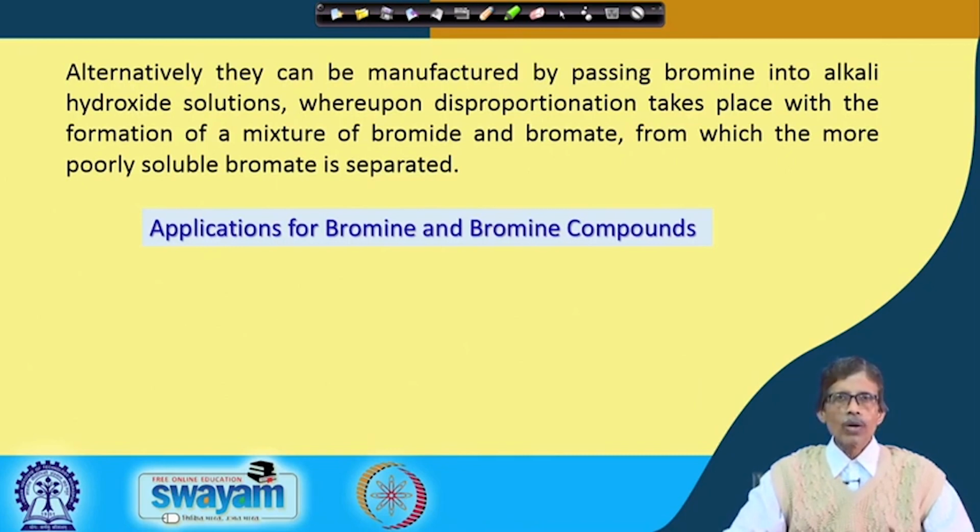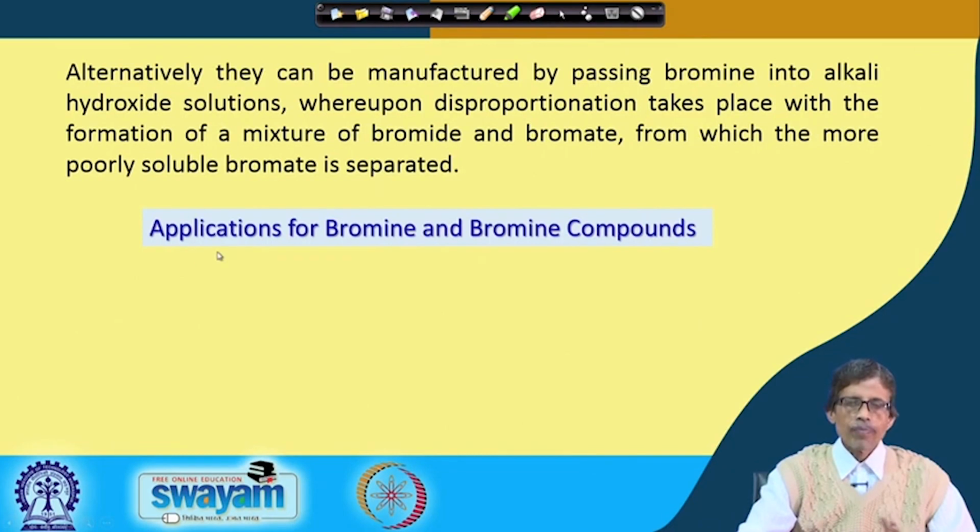So, whatever raw materials you have in your hand, you have to think judiciously of the corresponding procedure and your demand. We are not taking many more examples; we are concentrating our attention on Br2 and two of these compounds, NaBr and NaBrO3.